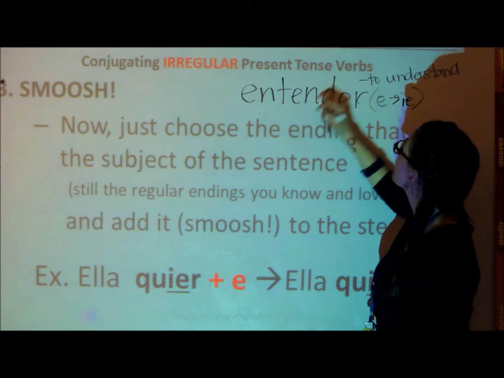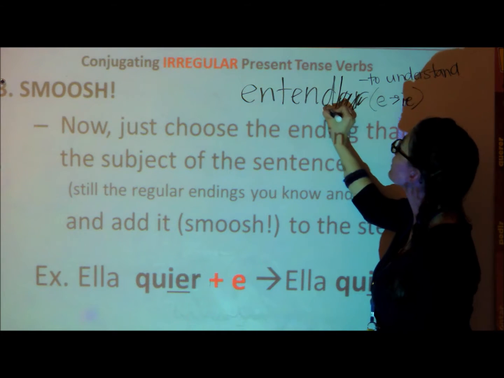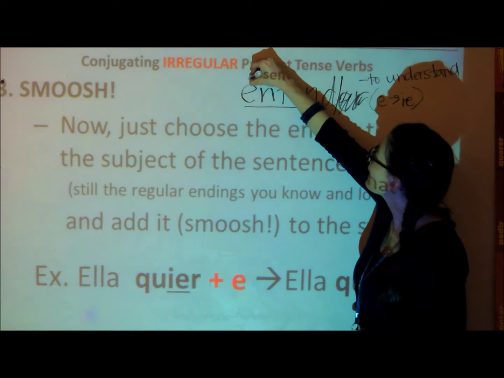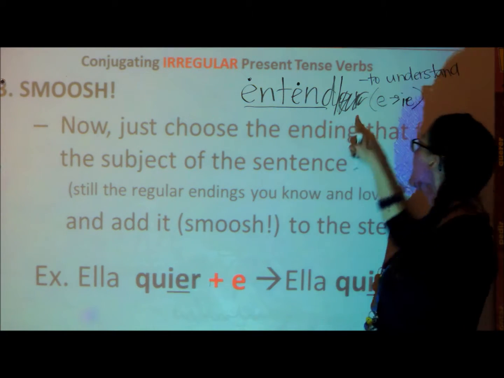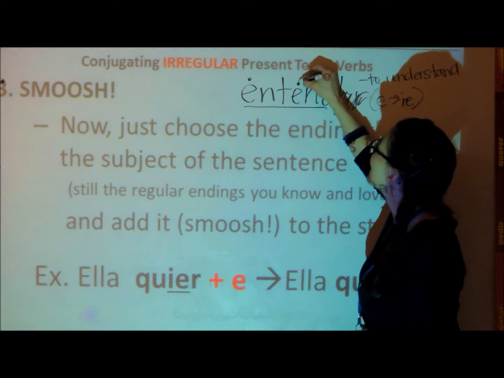But if we chop suey this, we've gotten rid of this part, and this is our stem. If we take a look at this stem, we're looking for an E, and look, we have two E's. Which E do we use? Which E do we change to IE?